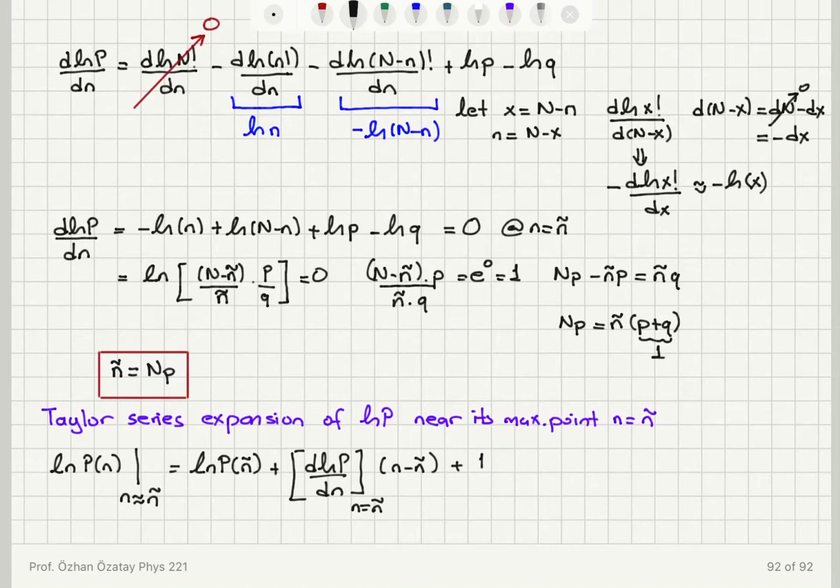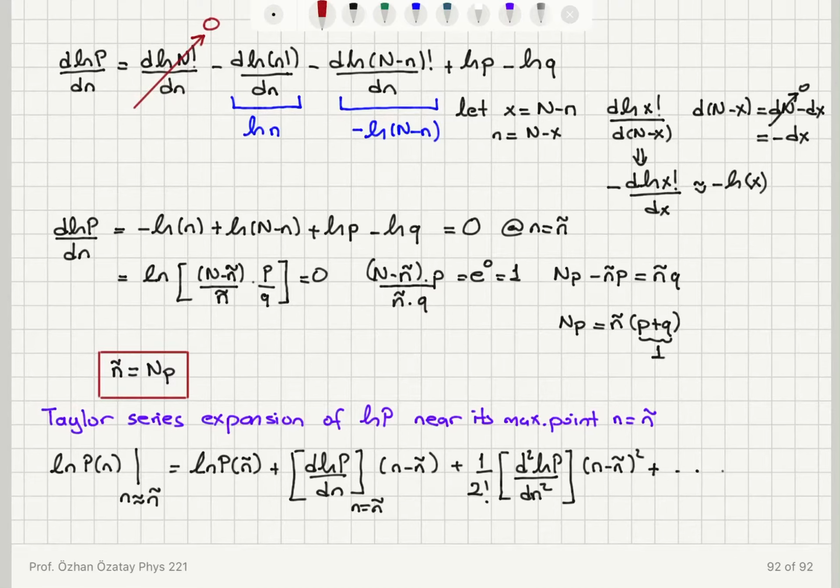And the third term is now 1 over 2 factorial times the second derivative of natural logarithm of p with respect to n, multiplied by n minus n tilde squared, and there could be higher order terms, so this is an approximation, so we will neglect those terms.